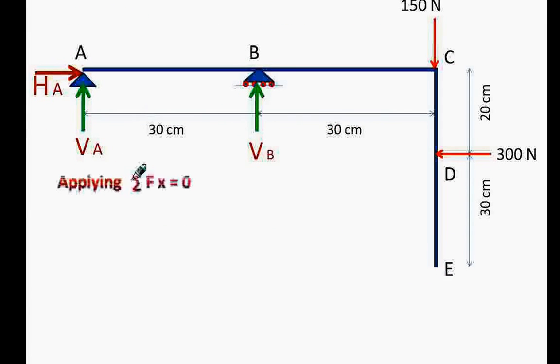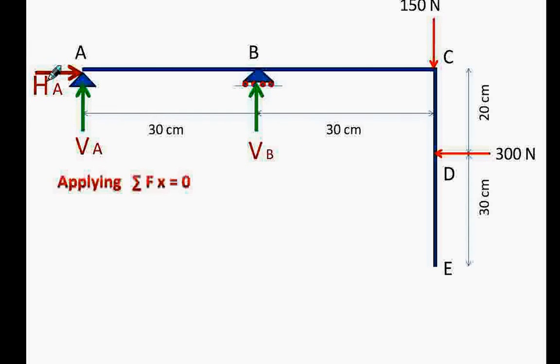Let us apply first sigma Fx equal to 0. What is the meaning of sigma Fx equal to 0? Consider only the horizontal forces acting in this system. This is a horizontal force. This is another horizontal force. This is not horizontal, this is a vertical force. This is also a vertical force, and this is also a vertical force, that is unknown.